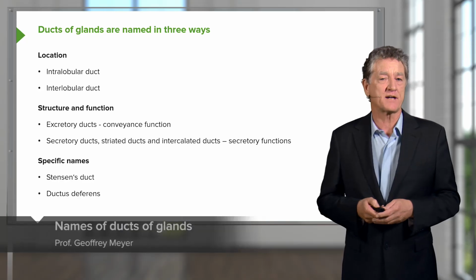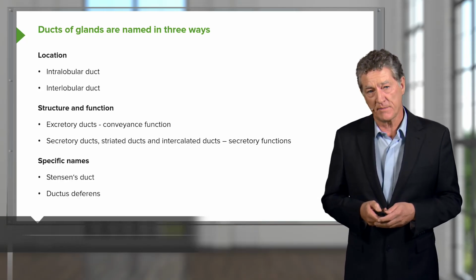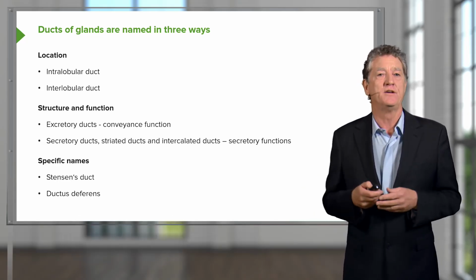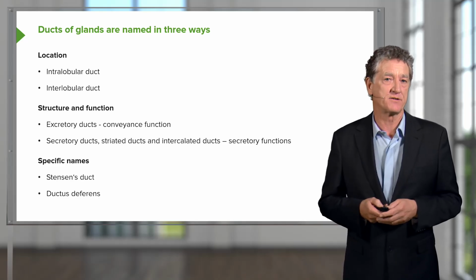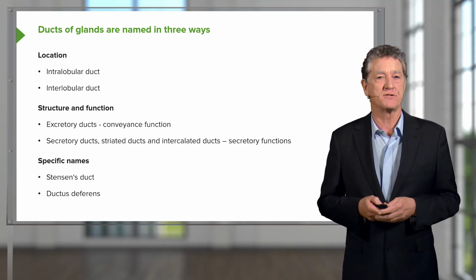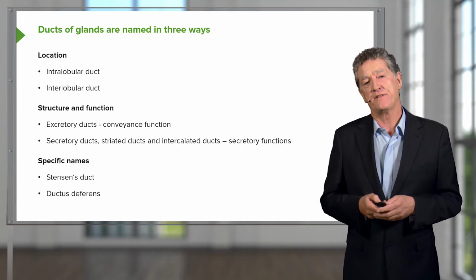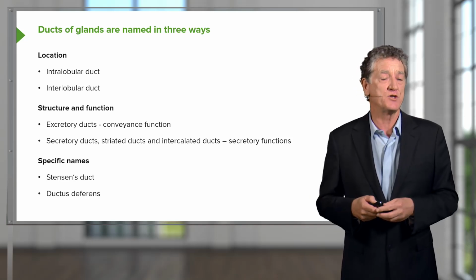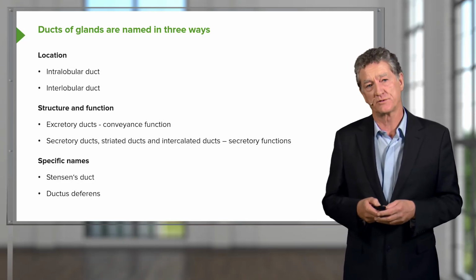Let's look at how ducts are named in glands. Well, they can be named in a number of different ways. Firstly, you can name them according to the location you see these ducts. I mentioned a large compound gland earlier, and that large compound gland is divided by connective tissue into large lobes and then smaller lobules.